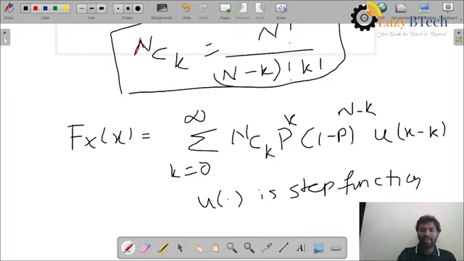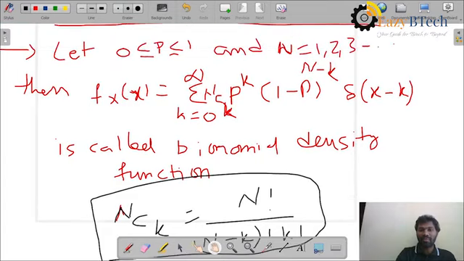In the same way, in the above example, delta is the impulse function.